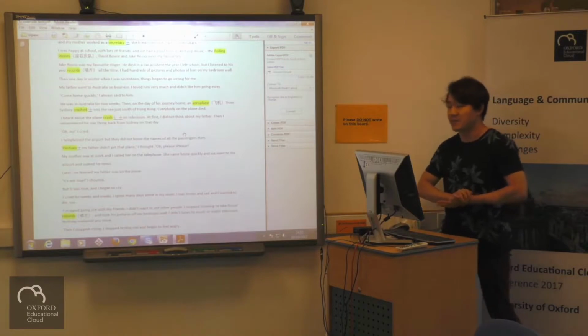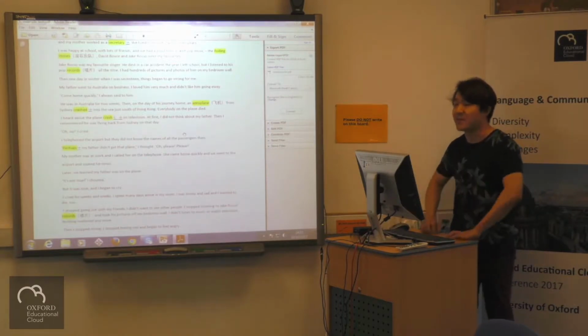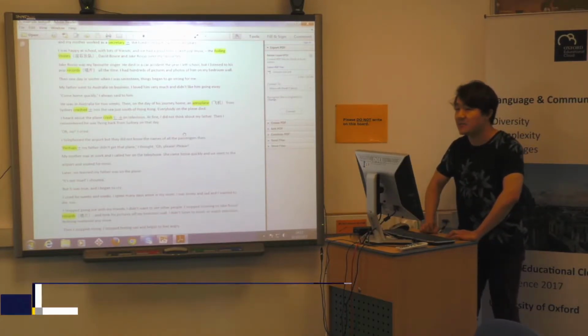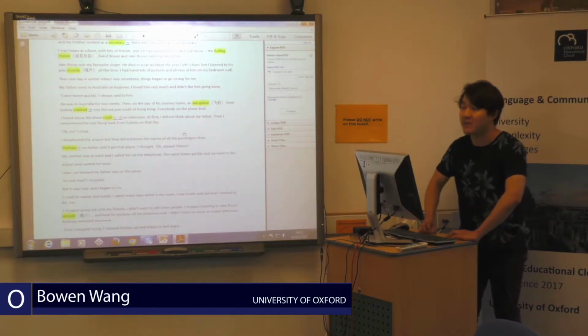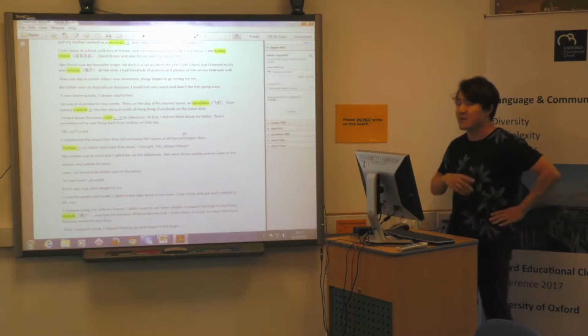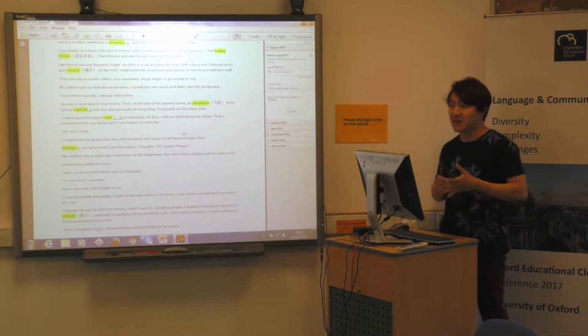So the purpose of this text modification is that, as we know, if we try to infer word meaning from the context, if it's just a single occurrence, there are a limited amount of clues that you can find.